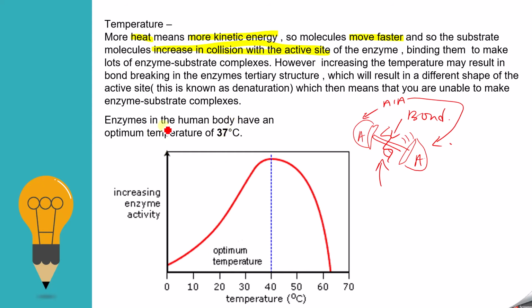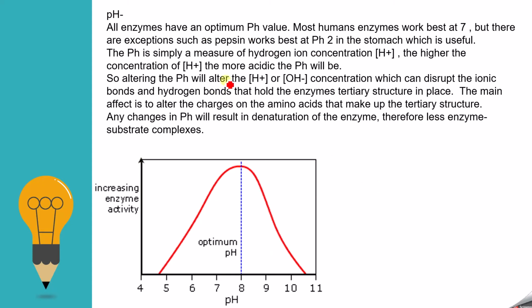In the human body, enzymes work at an optimum temperature of 37 degrees. If it goes beyond the optimum temperature, then it can denature, which means the bonds are broken, like I said before, and the active site is no longer complementary, therefore can't make any enzyme substrate complexes.